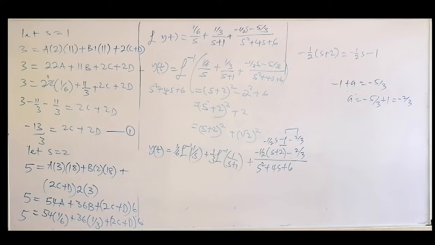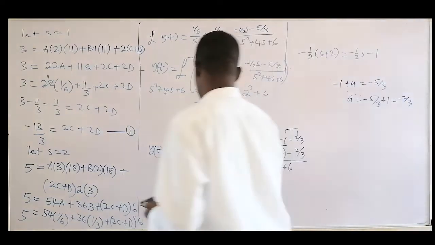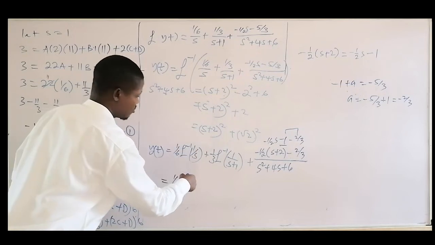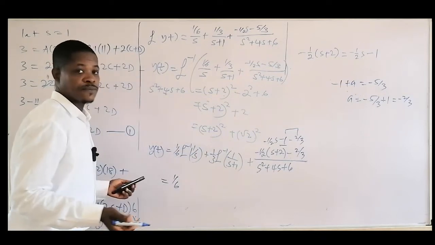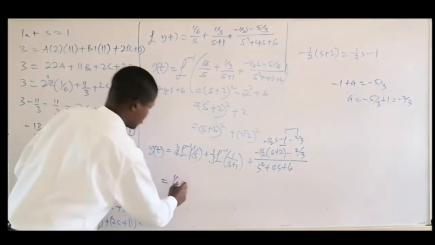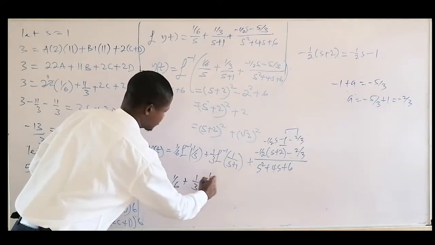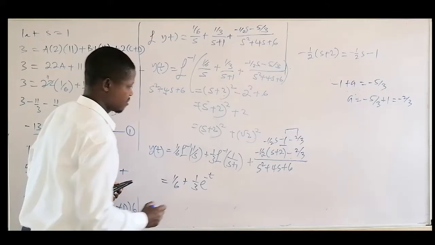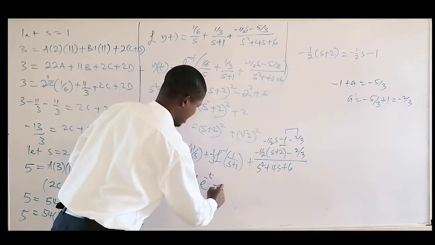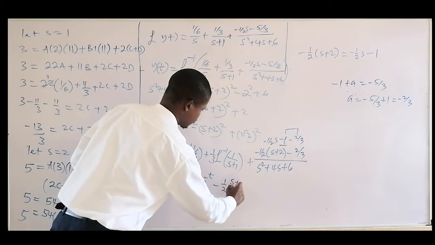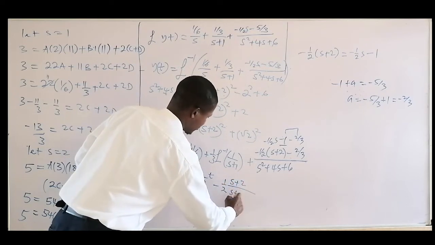So then the next thing to do now, we can now begin to 1 over 6. Inverse of 1 over x is 1. Plus this will be 1 over 3 e minus t. Then here we are going to break it. That will be half into brackets x plus 2 all over x plus 2 squared.